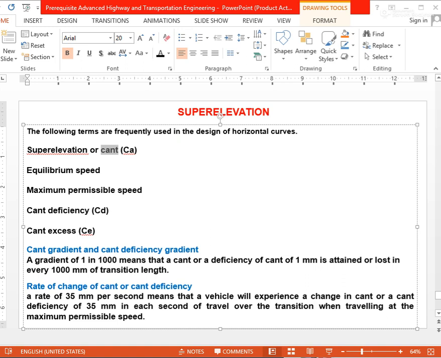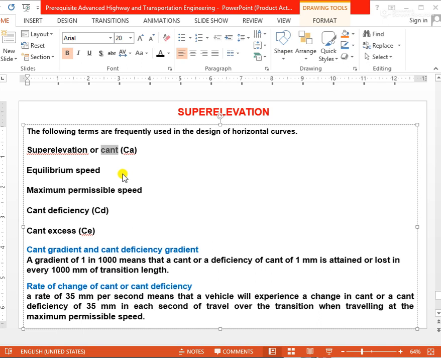Next, equilibrium speed. When the speed of a vehicle negotiating a curved track is such that the resultant force of the weight of the vehicle and the radial acceleration on the curved section, that is our rail, bogie, engine, locomotive, whichever, there is one resultant force generated. On a curved section, as in highway, there is also radial acceleration, because acceleration is a vector quantity, while speed is a scalar quantity.